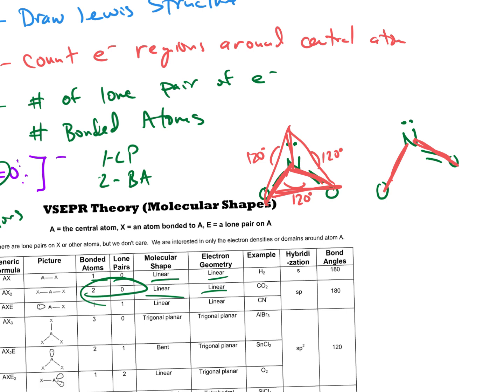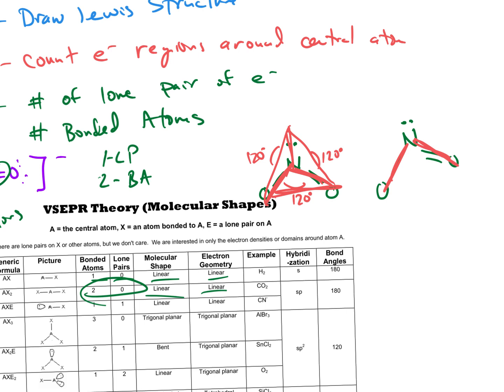Why don't you read the chart and see? One lone pair, two bonded atoms, three regions. Look at the molecular shape. What's this called? Bent. The electron geometry is called trigonal planar, right? But if we just look at the molecular shape, we don't care about that.